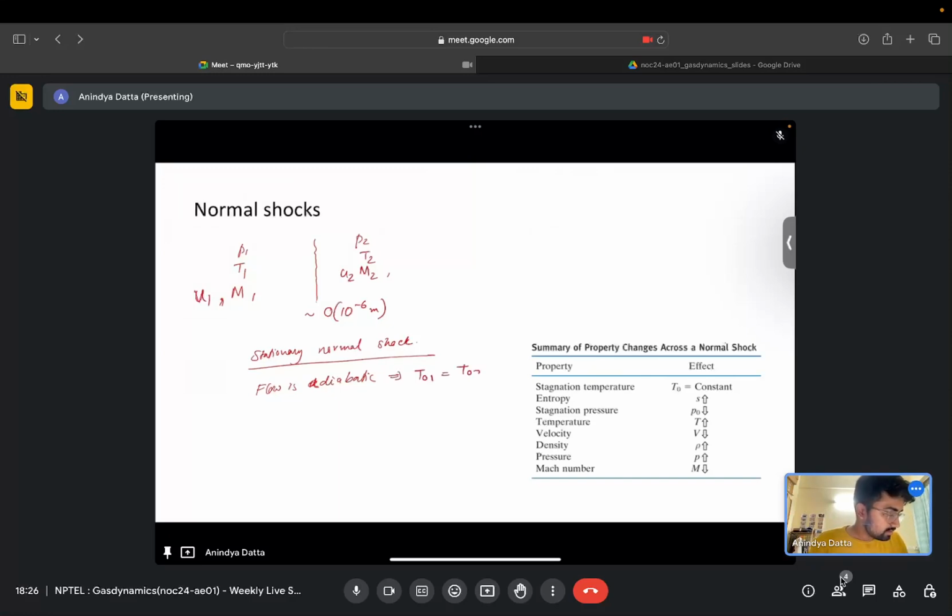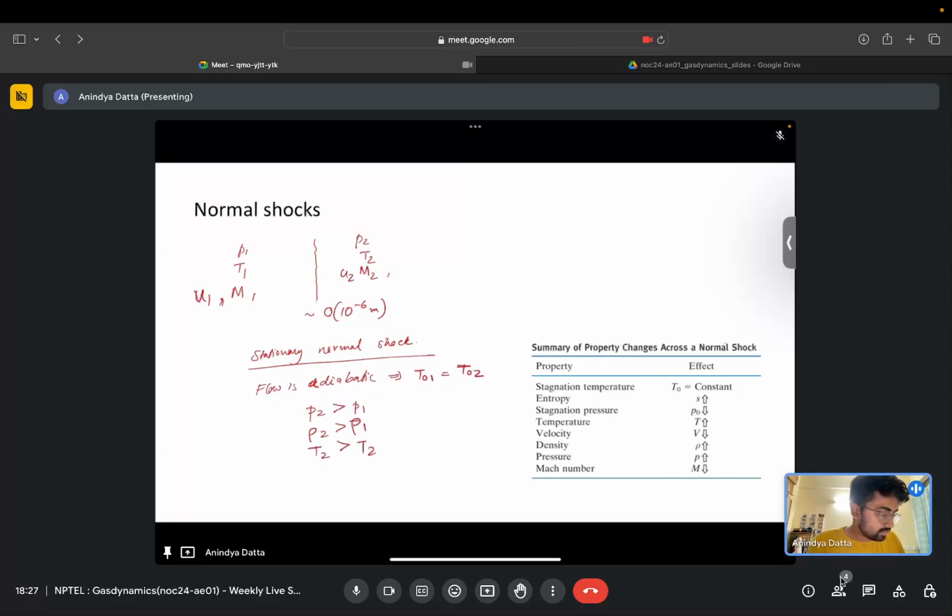The shock is a very thin layer, and there are strong gradients in temperature and pressure within the shock wave. The shock wave acts like a thermodynamic device which compresses the flow. So P2 is greater than P1: the pressure increases, density also increases, temperature also increases.